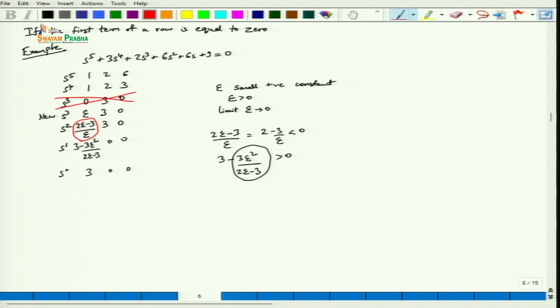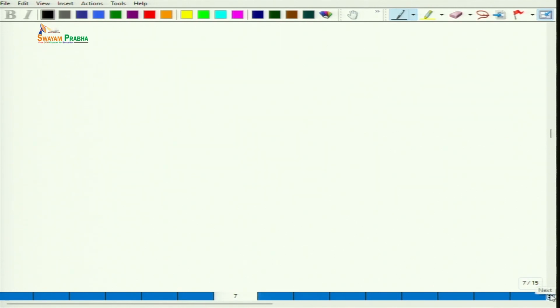So basically this system is unstable with 2 poles in the RHP, and this is the way you deal if the first term of any row turns out to be equal to 0.